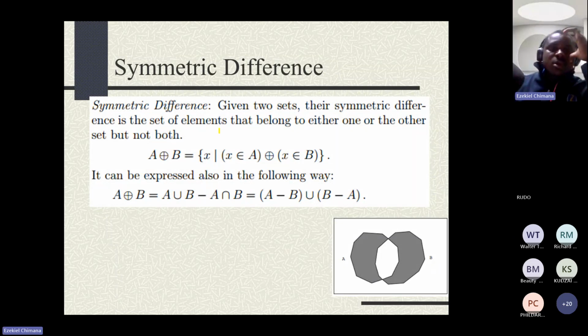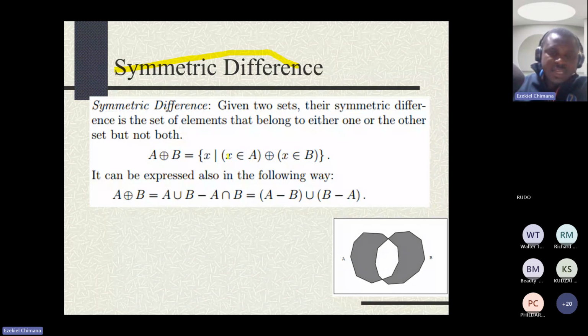So there's what we call symmetric difference. Given two sets, the symmetric difference is the set of elements that belong to either one or the other set, but not both.